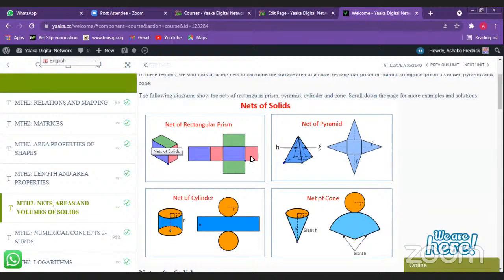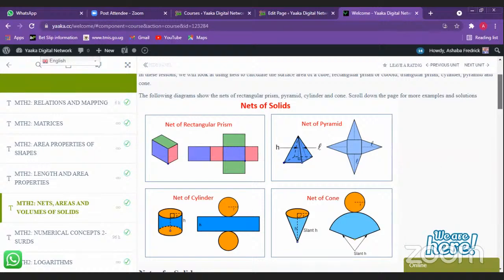So when we open it, depending on where we have started from, we are going to be able to get a net. So what you are seeing here after the prism is what we call a net of a rectangular prism. Likewise for these other figures when we try to open them.